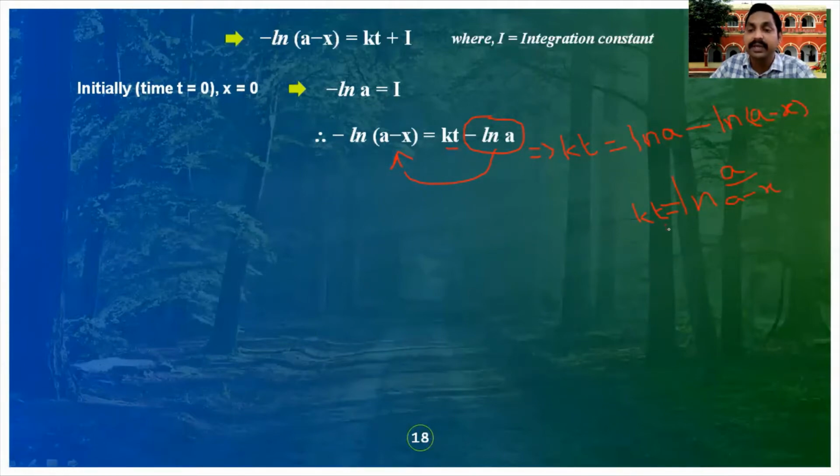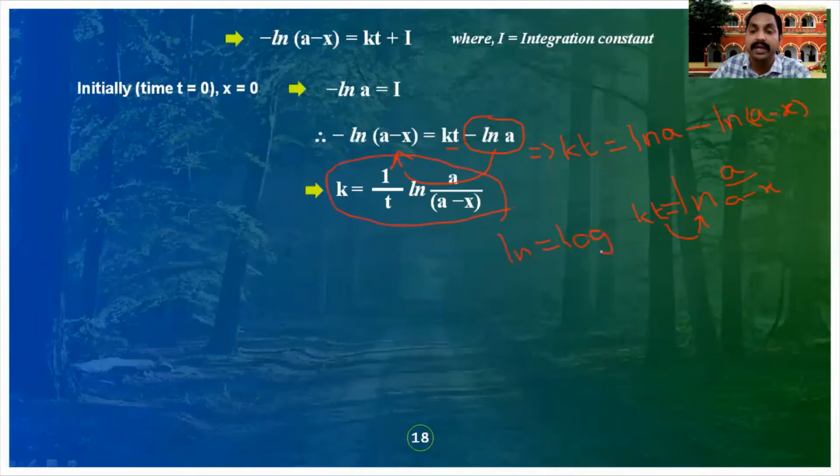Now let us bring this time t to the right hand side. So k is equal to 1 by t into ln a by a minus x. Thus we can derive the expression for the first order rate constant. Now what do we mean by ln? We have already seen ln is equal to log base e.